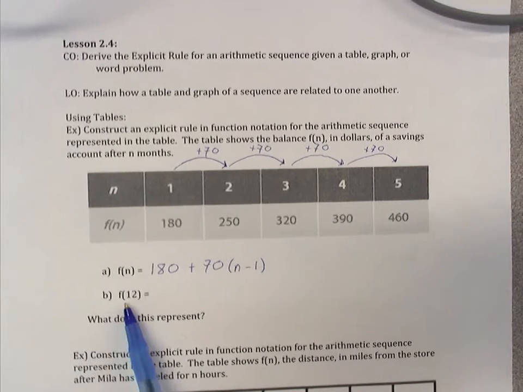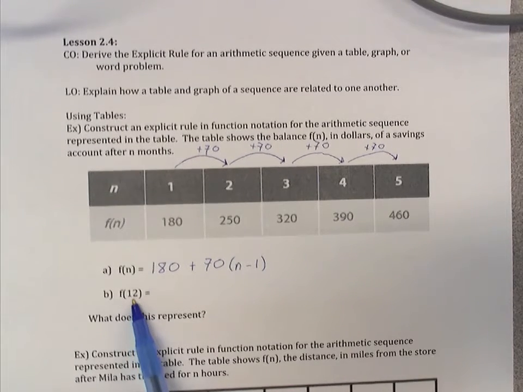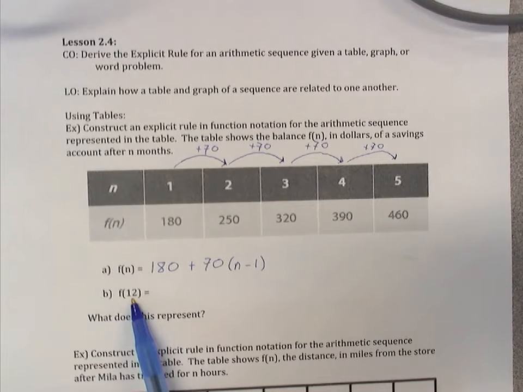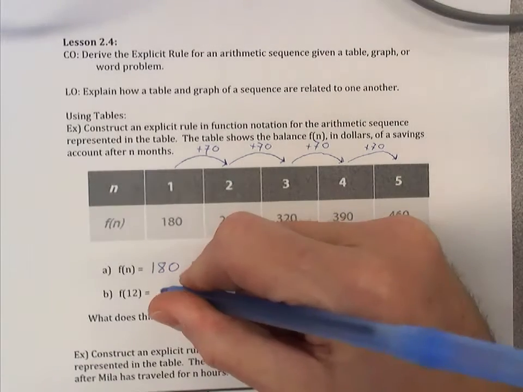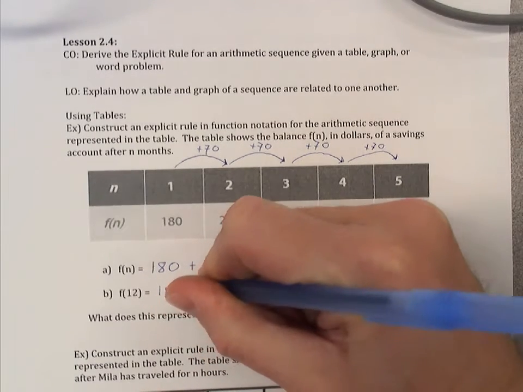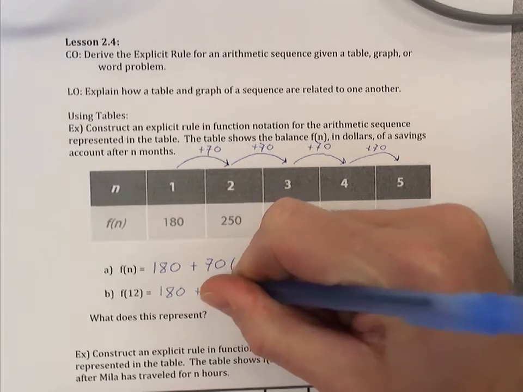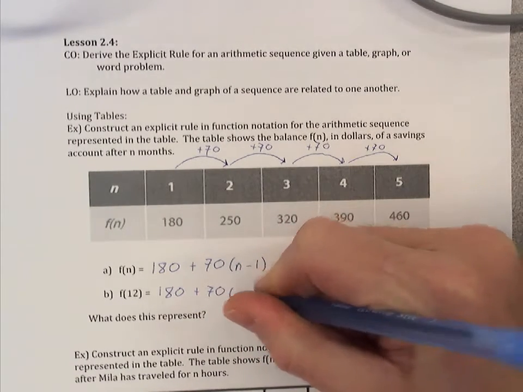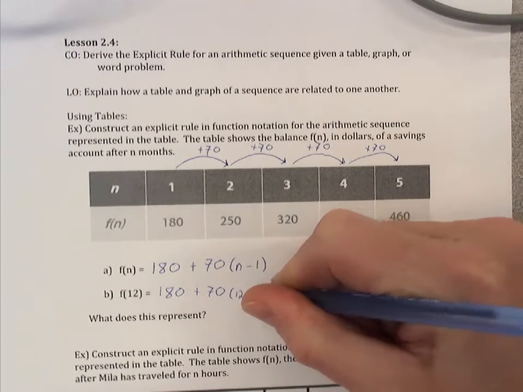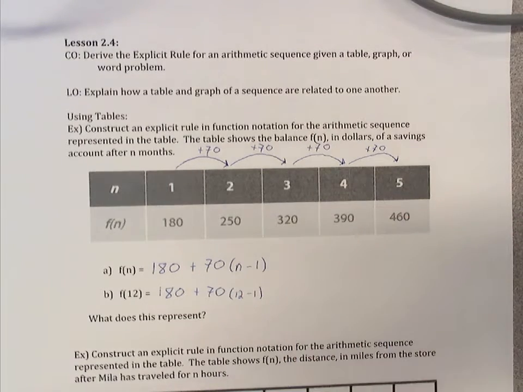So let's apply that to what if n was 12? What if we wanted to go to the 12th month, which is not represented on this table? We could do that by writing our function equation again: 180 plus 70 times 12 minus 1.